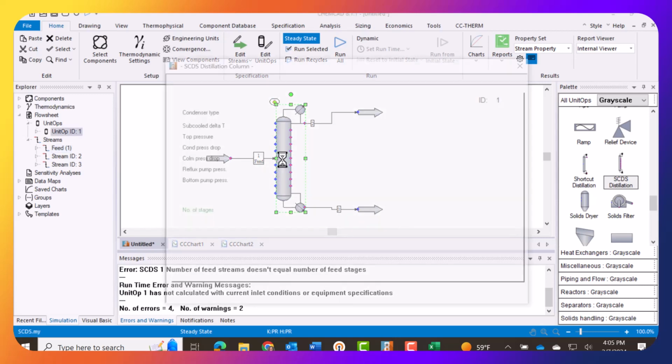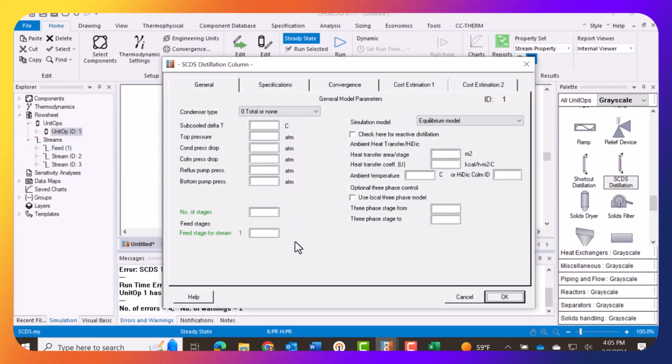Next, I'm going to go to my tower. All right, so this is where we want to enter all the information we have about the tower. I'm going to read to you what they say in the book. They want you to do an equilibrium style calculation. They're going to use numbering from top to the bottom, and they suggested using n equals 23.